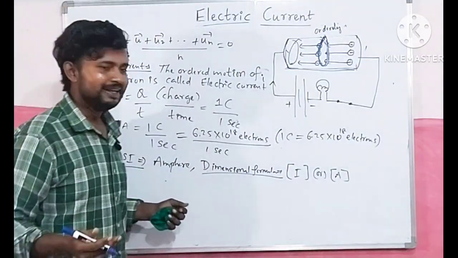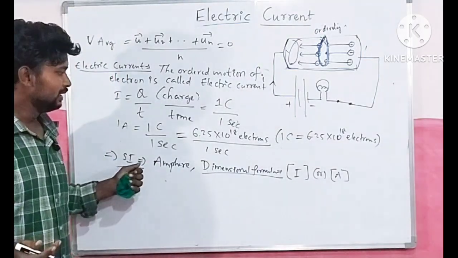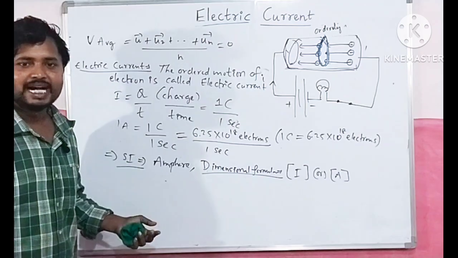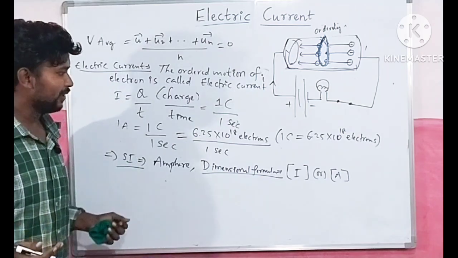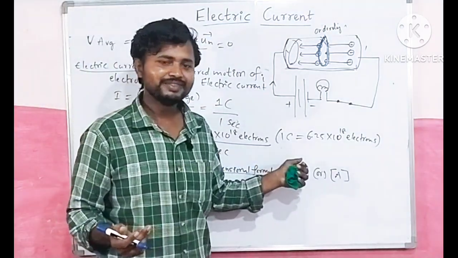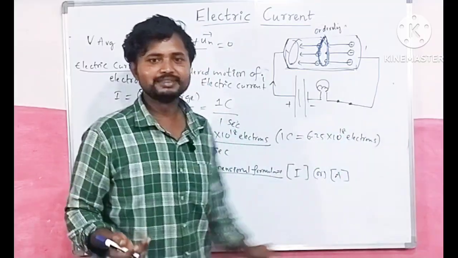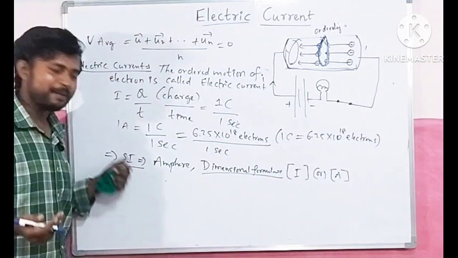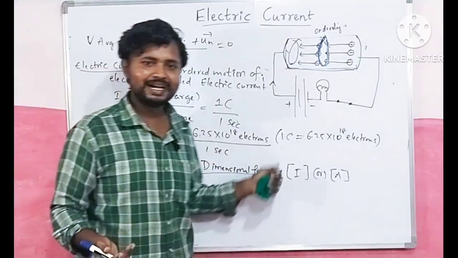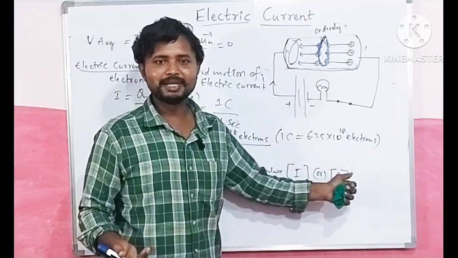In 1 ampere current, 6.25 into 10 power 18 electrons are flowing. The SI unit of current is ampere, and the dimensional formula is capital I or capital A.